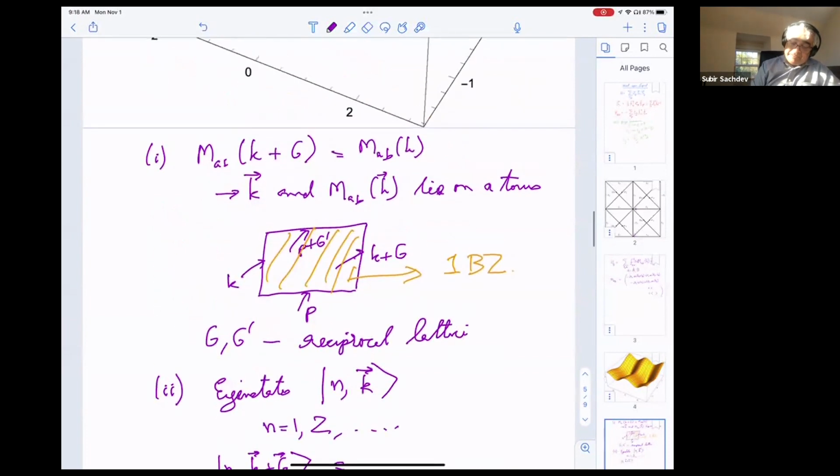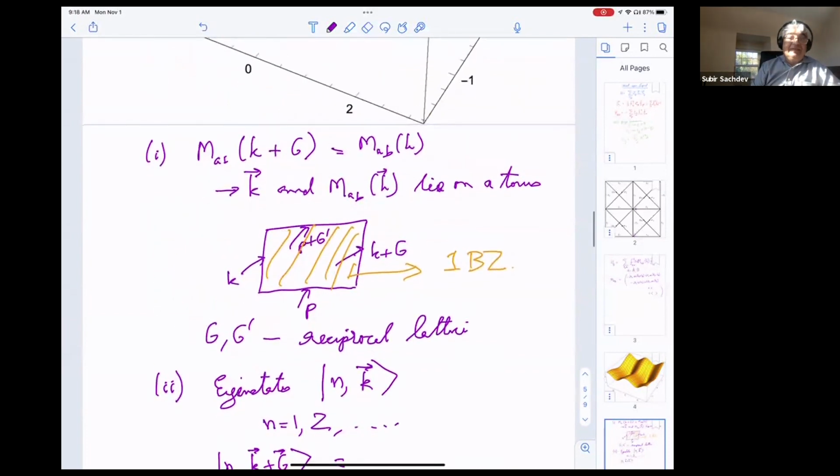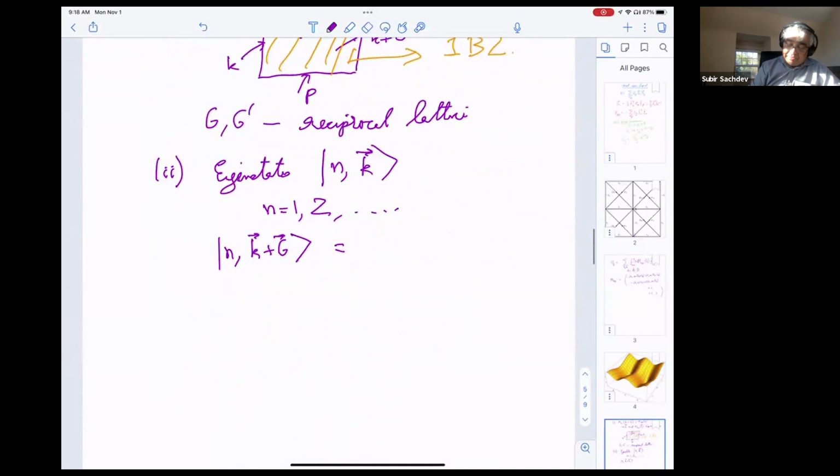Well, the Hamiltonian itself comes back to itself. The matrix MAB comes back to itself, but there's no reason for the eigenstate to come back to itself. I'm assuming here the eigenstates are non-degenerate. It should be equal to n of k up to a phase factor. And of course the interesting topology arises from the fact that in some cases it's not possible to make this phase factor trivial.